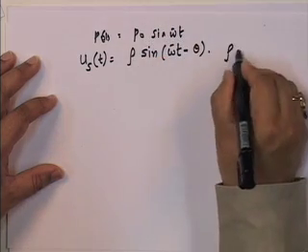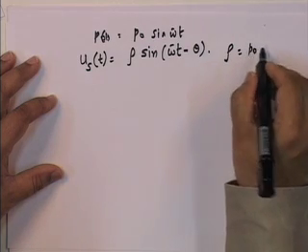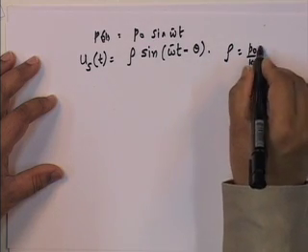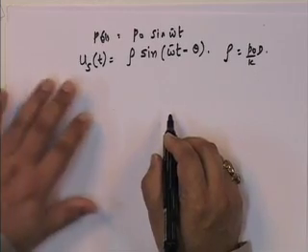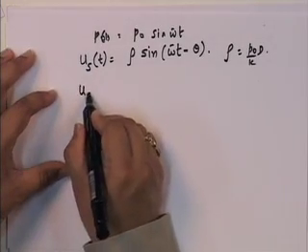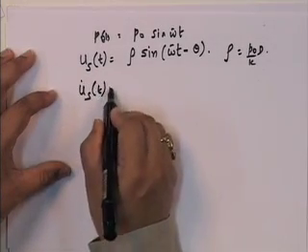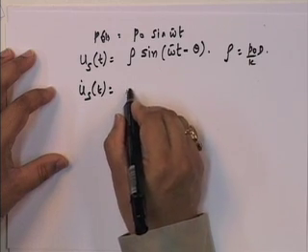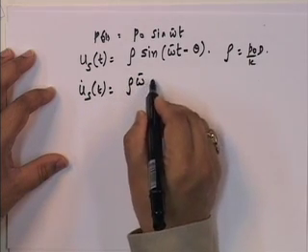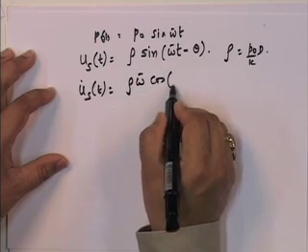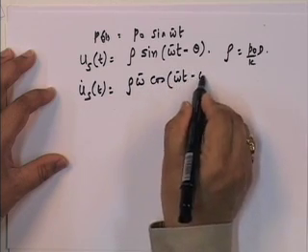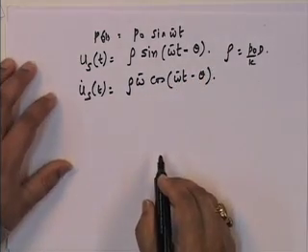Note that rho is equal to P naught upon k d. If I differentiate this, u dot s of t becomes rho omega bar cosine omega bar t minus theta.